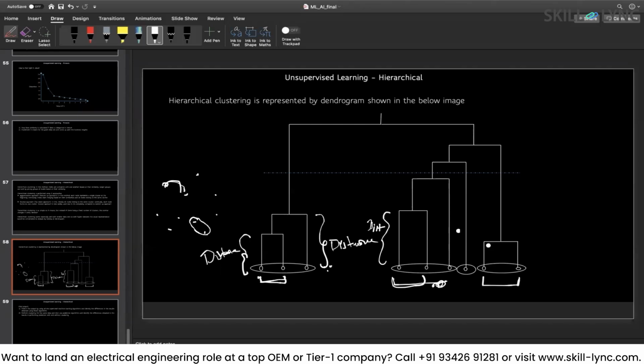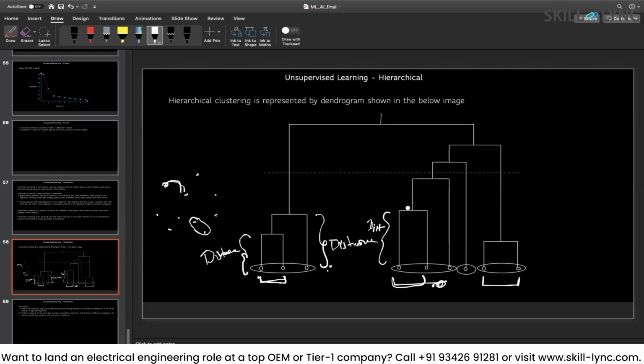And similarly, there would be some more 2 points which are very near to each other, and then somewhere like this. And this is how your dendrogram is formed. So you're getting my point, right? There will be a third point which might be very near to these 2 points, so there will be a third point which will be coming and appending to this branch. So that is how the dendrogram has been created.